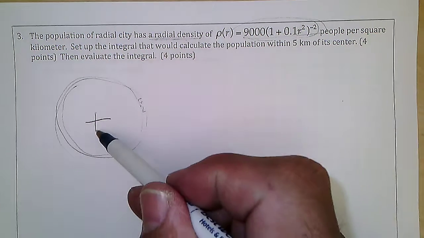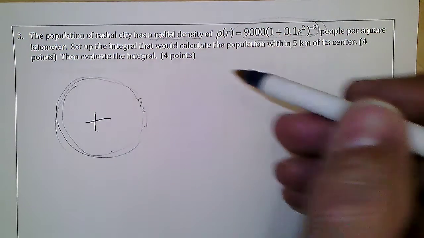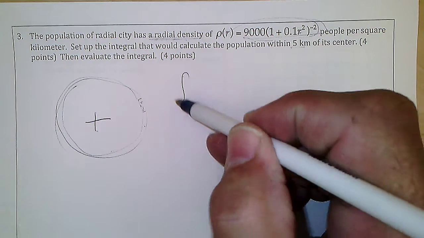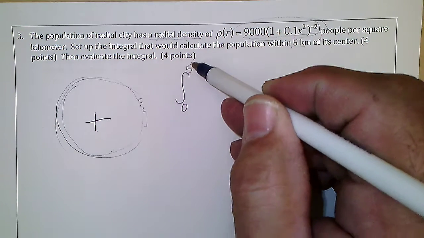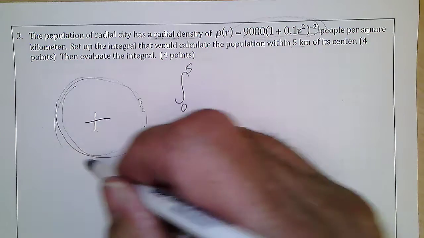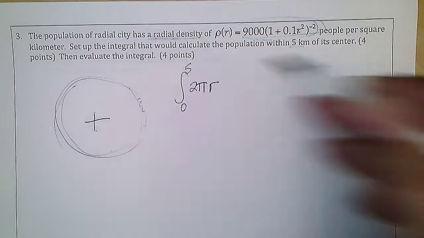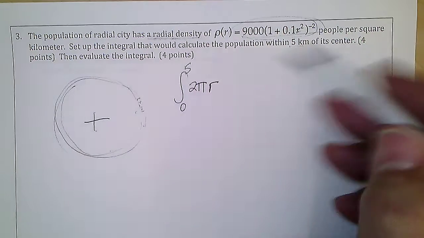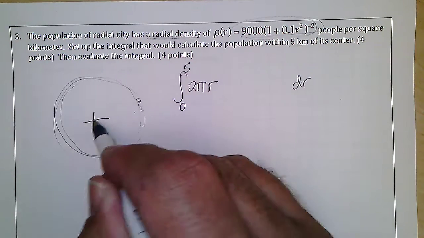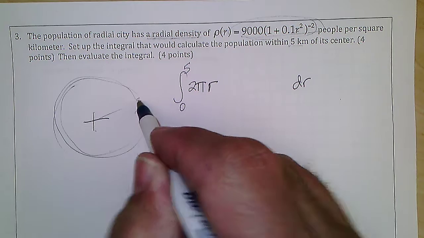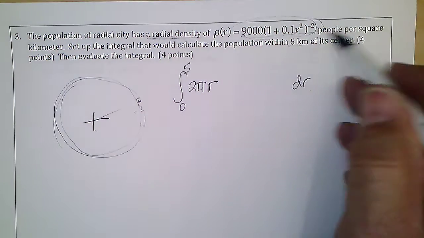So we need to count all the people on all the rings from the center to 5 kilometers out. We're going to add up all the people on all the rings from 0 to 5, and a ring has an area of 2 pi r, the distance around, times dr. The thickness is a small change in the radius, at a radius r, 2 pi all the way around times dr. That's the area of the ring, times the people per square kilometer.